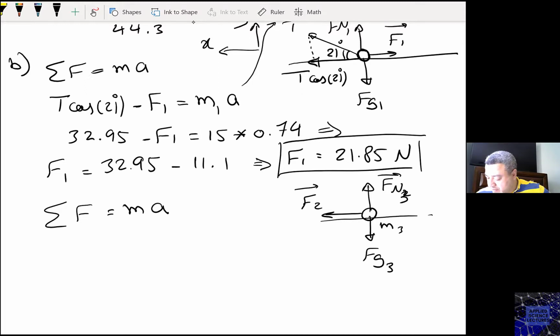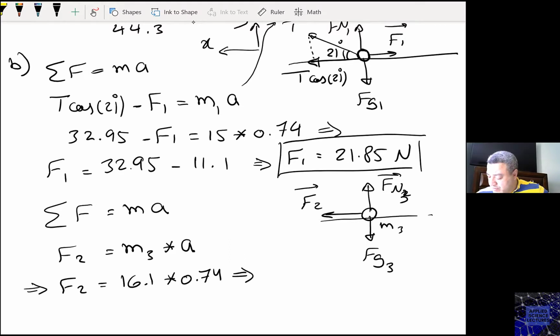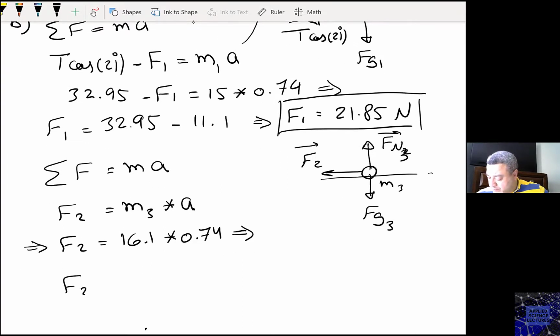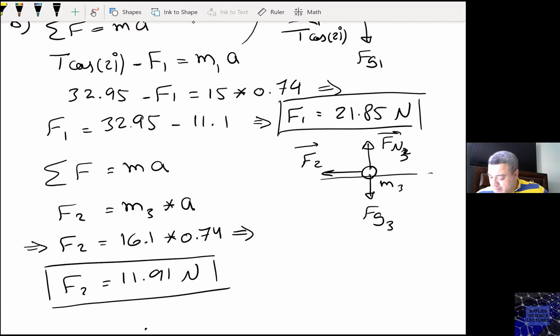I have here F2 positive equals m3 times a. F2 equals m3, which is 16.1, times the acceleration 0.74. This gives F2 to be 11.91 Newton. So this is the tension force between cart number 2 and cart number 3.